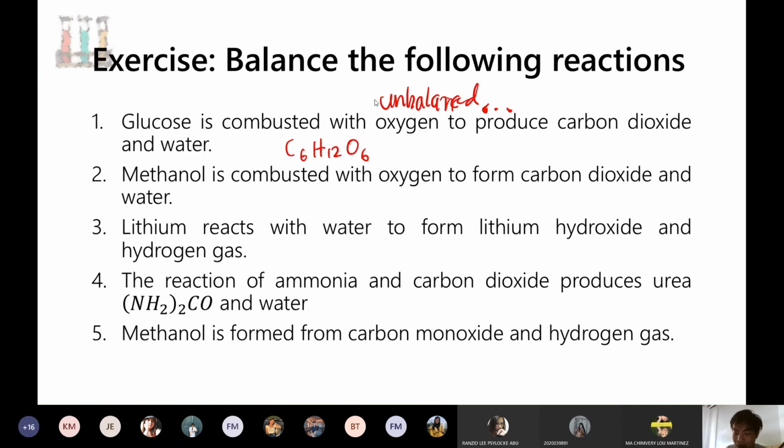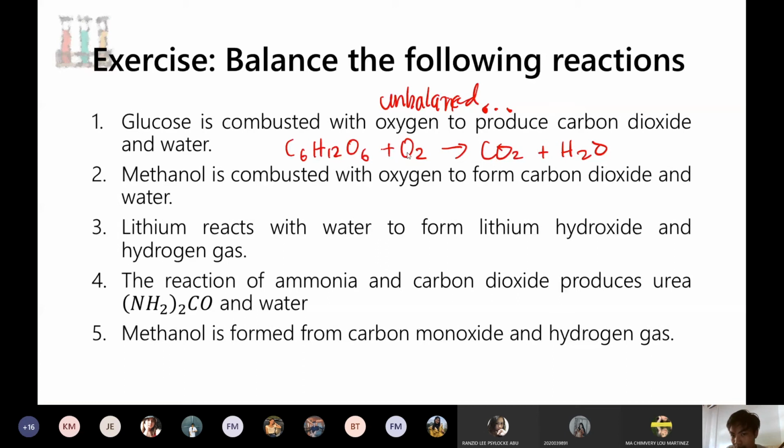So reactant yan. Then to produce, ayan, keyword. Meaning anything on the right side are the products. So arrow na yan. Pag nakakita nyo yung to produce, arrow agad yung meaning nun. Carbon dioxide and water. Okay, so that's the unbalanced equation.